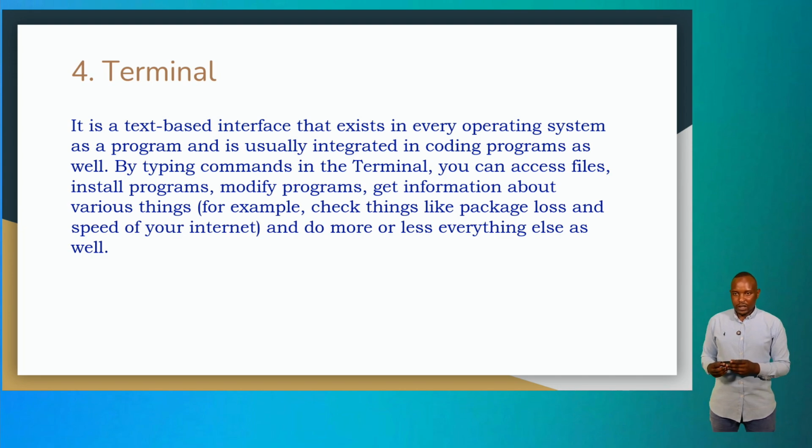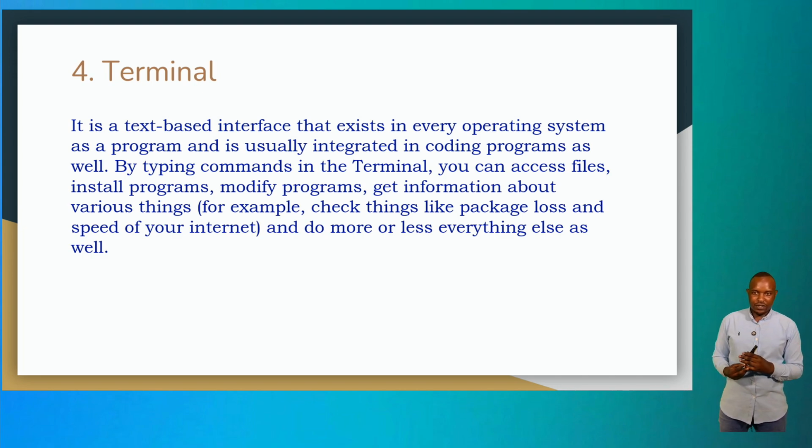Another keyword we will need for version control is the terminal. The terminal is a text-based interface that exists in every operating system as a program and is also integrated in coding programs.